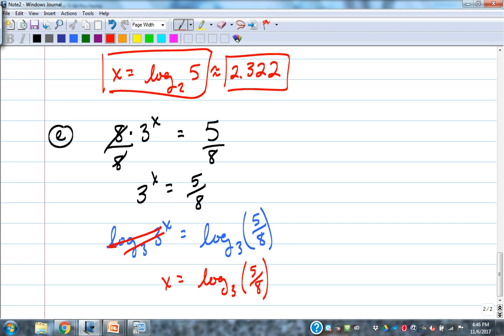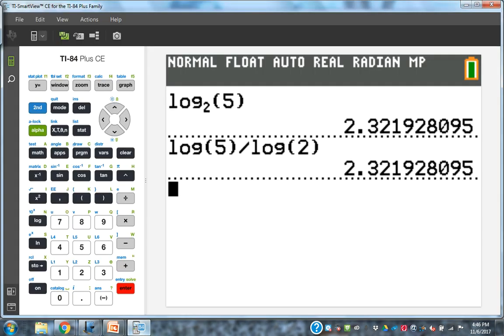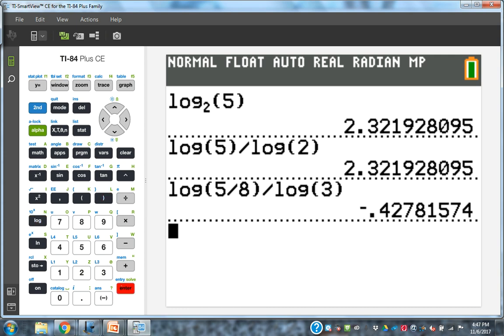That's my answer. I just need to get a decimal approximation for that as well. So you can do it this way: log of 5/8 divided by log of 3. Negative 0.428. We go to 3 decimal places again.